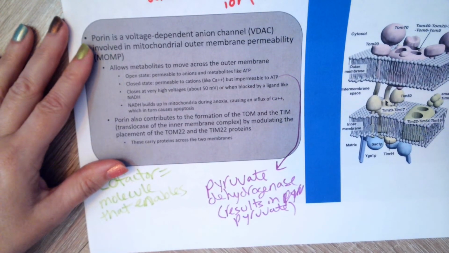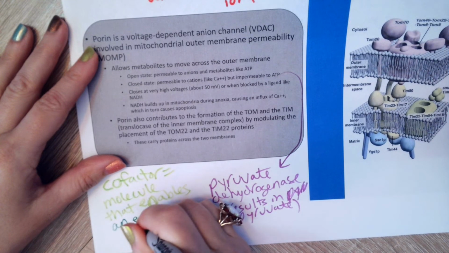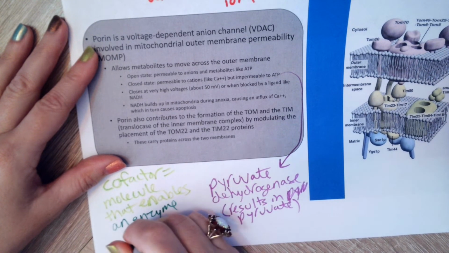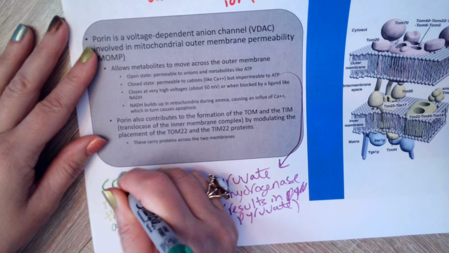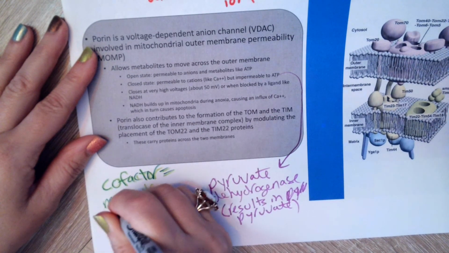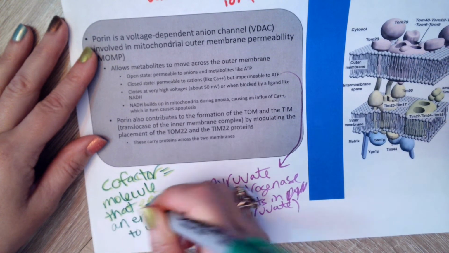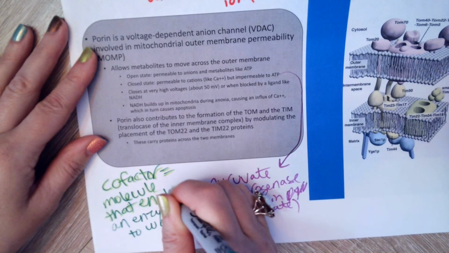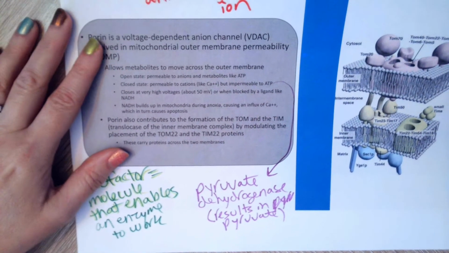Without our cofactor, our enzyme won't work in a lot of cases. Cofactors are very common things that enzymes use, and they help the enzyme work better, or allow it to work at all.